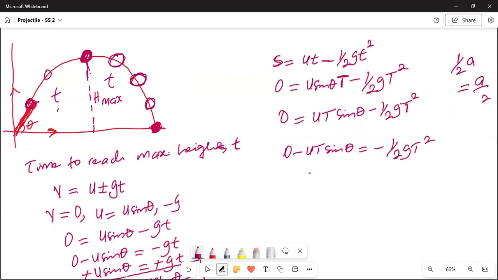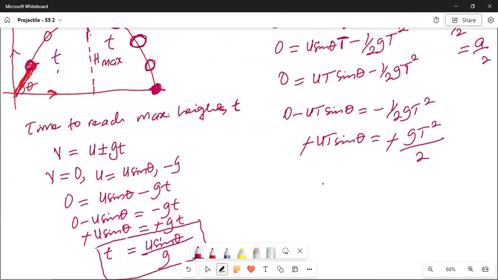So negative uT sine theta equals negative gT squared over 2. So that you can see clearly what I want to do, the minus will cancel out. So I have uT sine theta equal to gT squared over 2. This one is over 1.